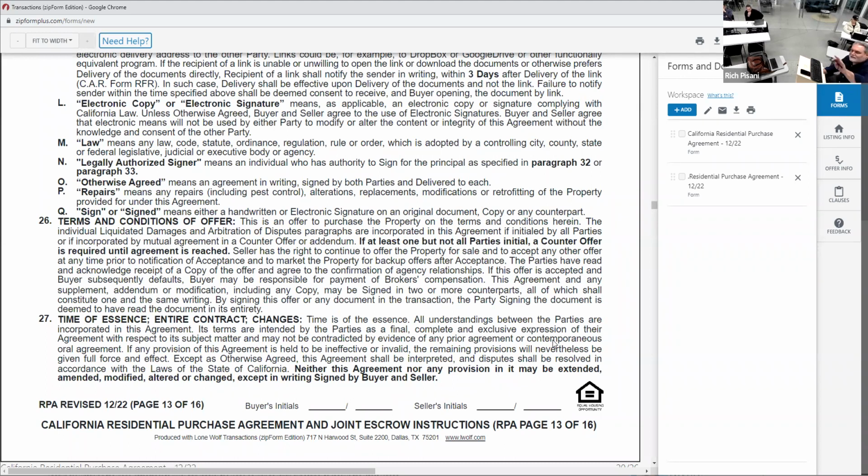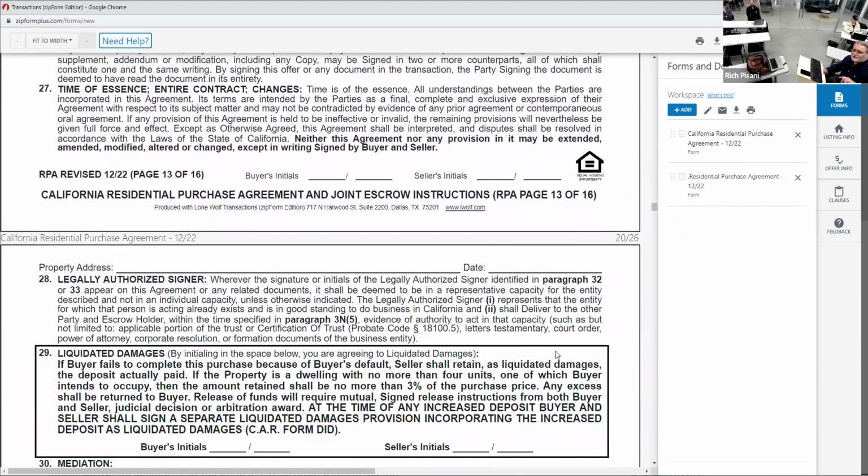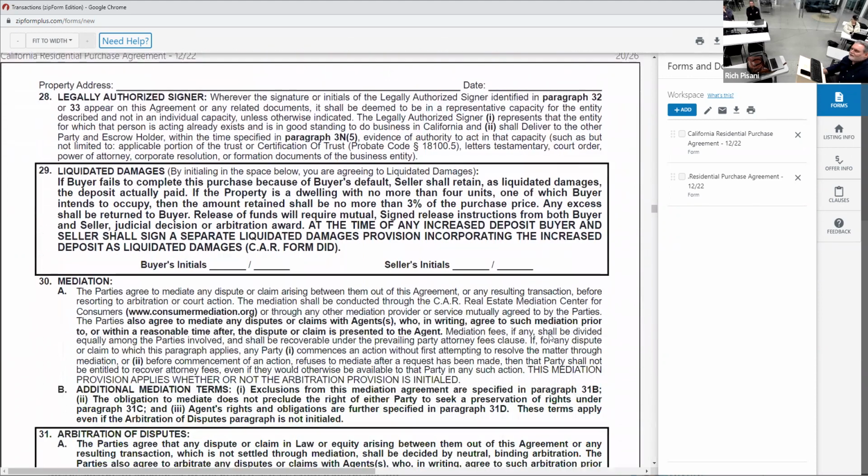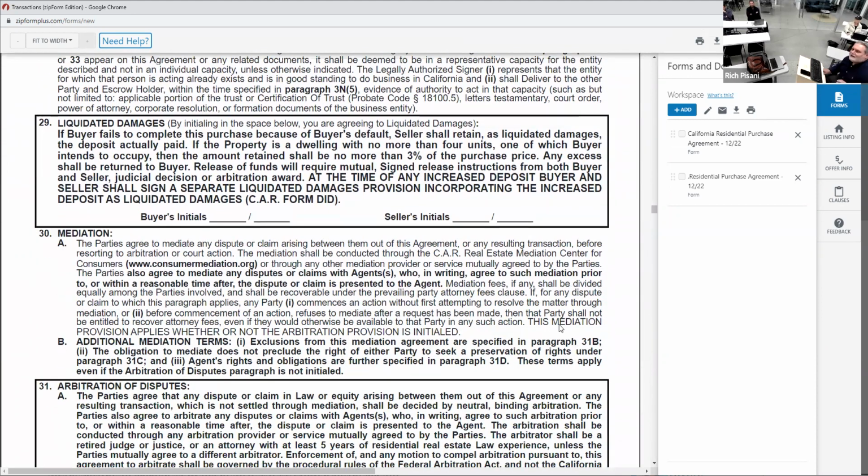Terms and conditions. As Judge Judy says, the agreement is the four corners of this document. Time is of the essence. We talked about that. Legally authorized signer is talking about entities, which we went over. Liquidated damages.